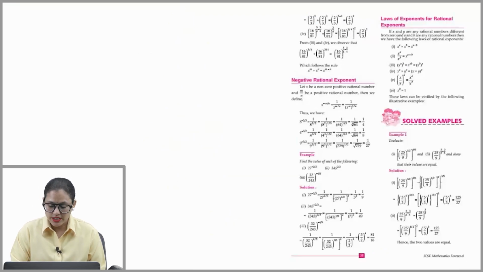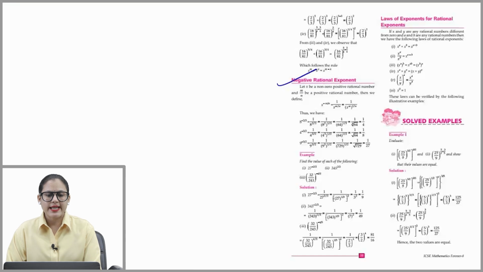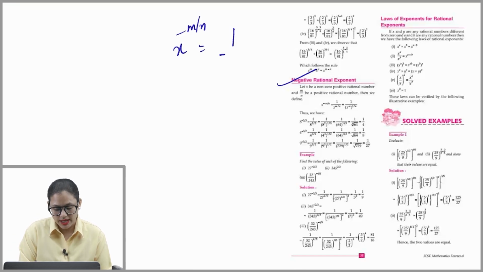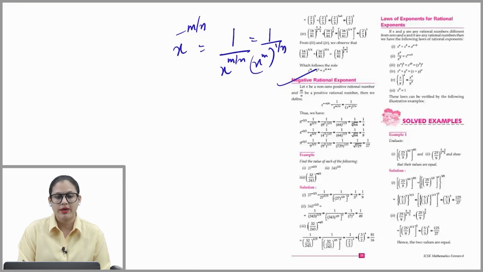Now, negative rational exponent. Let x be a non-zero positive rational number and m by n be a positive rational number. Then we define x raised to the power minus m by n as equal to 1 by x raised to the power m by n, or you can say 1 by x raised to the power m, raised to the power 1 by n. So thus, how will we write 8 raised to the power minus 2 by 3?